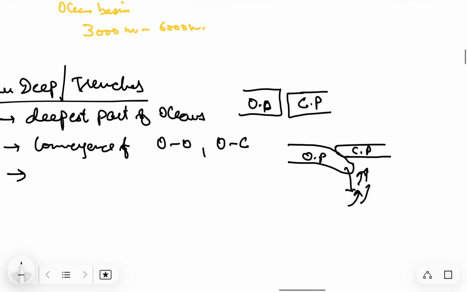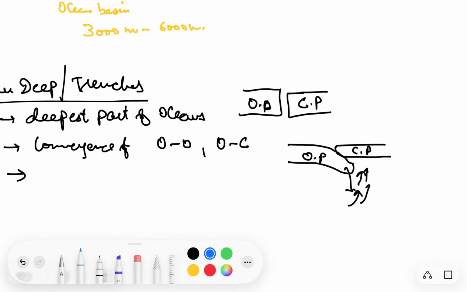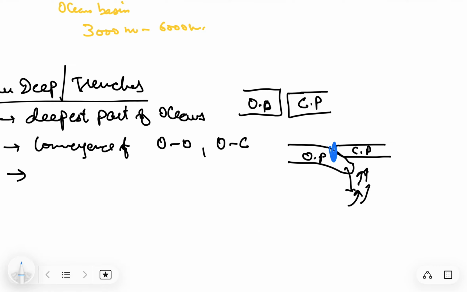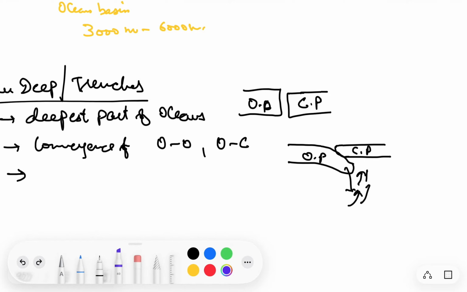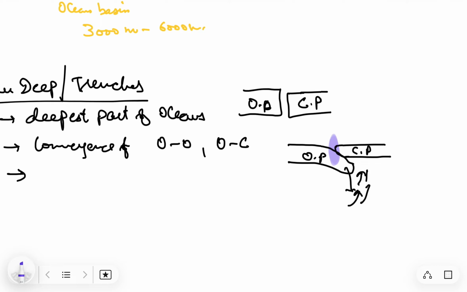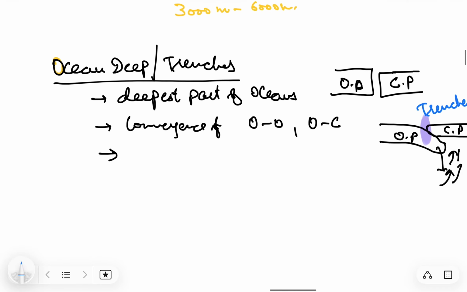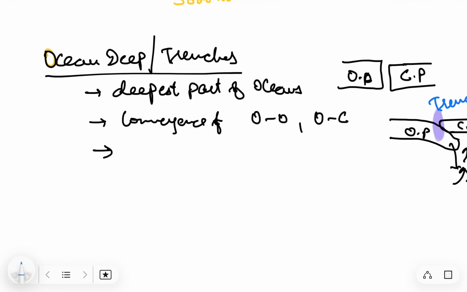So there will form the volcanoes, and these are known as the trenches. They occur at the base of the continental slope and alongside the islands.